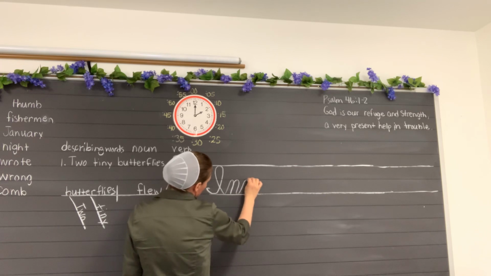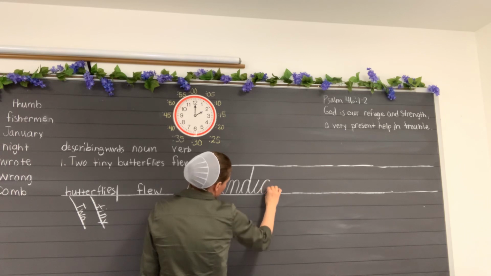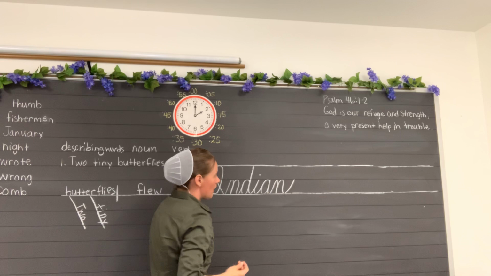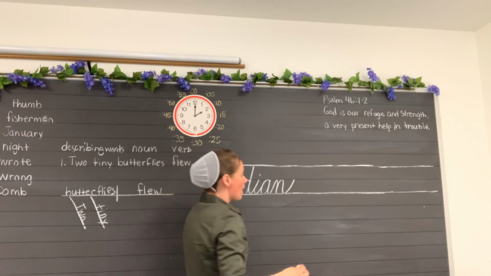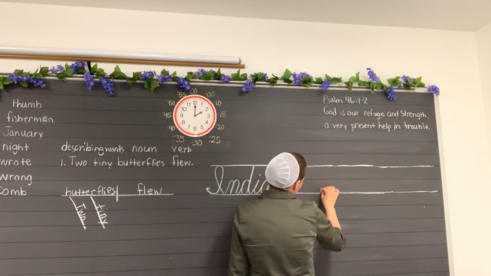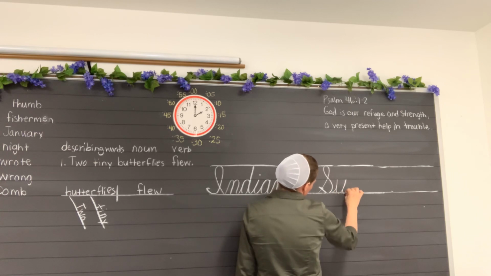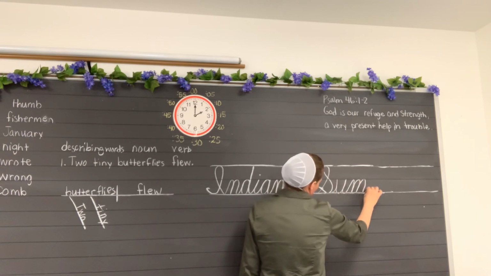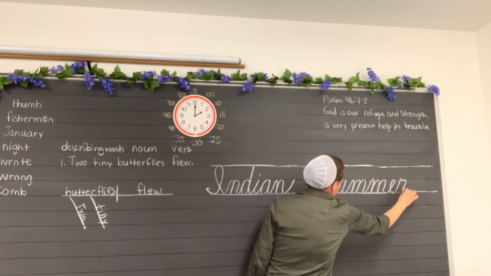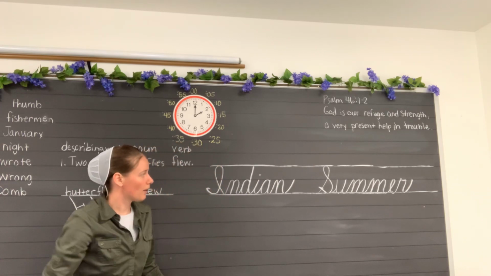Try not to lift up your pencil as you write. Okay, so now we have Indian, now we're ready for summer. And summer, you will start on the left with summer. Okay, summer is where we go there now.